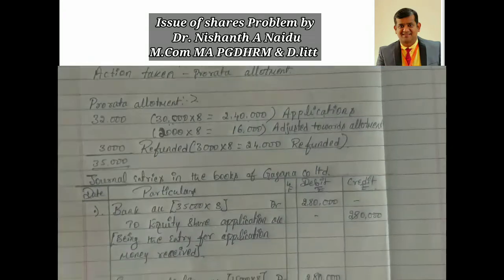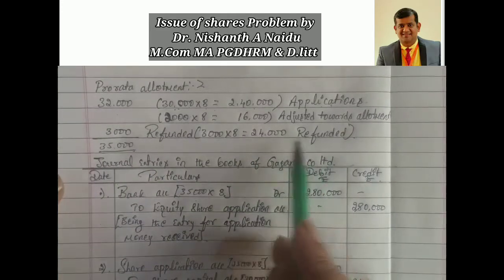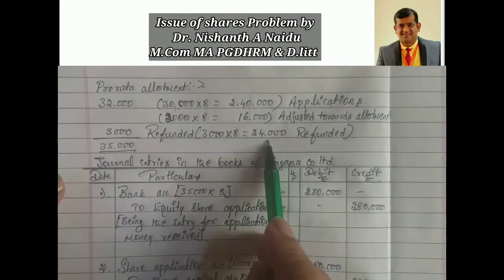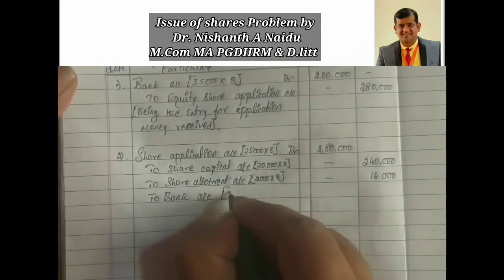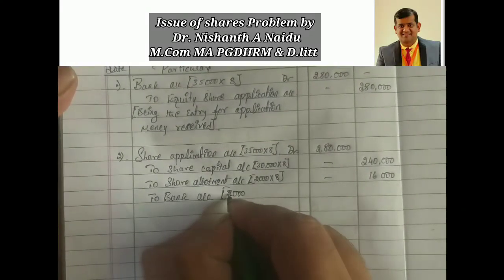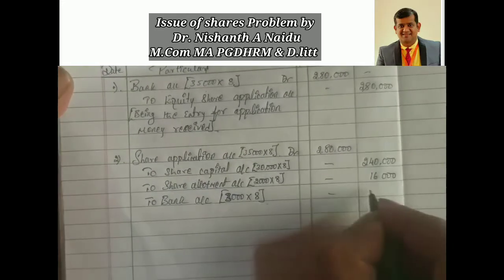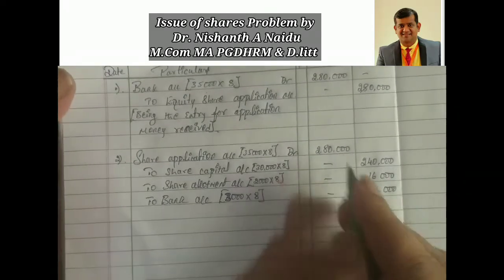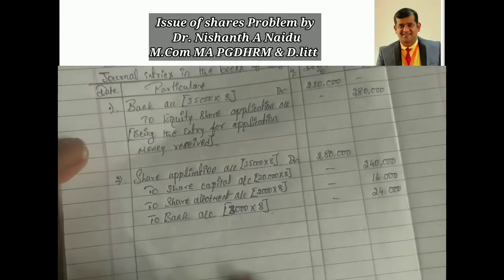So here also we have done the calculation. 3,000 shares have been refunded, that is rejected and refunded. 3,000 into 8 comes to 24,000. So if you total it, you are going to get 2,80,000 on both sides.